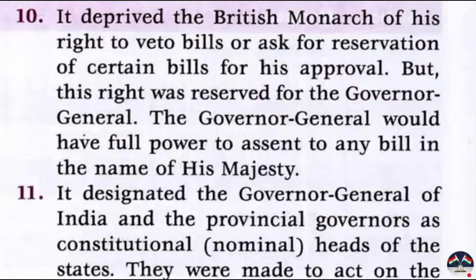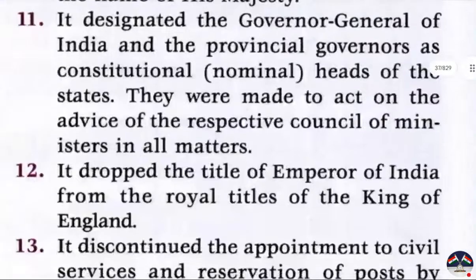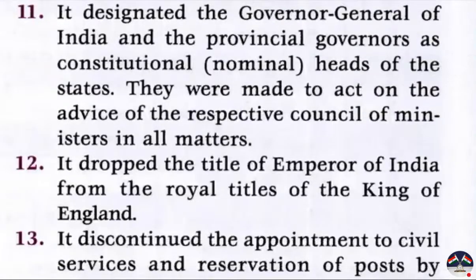The Governor General would have full power to assent to any bill in the name of His Majesty, and it designated the Governor General of India and the provincial governors as constitutional heads of the states. They were made to act on the advice of respective council of ministers in all matters.